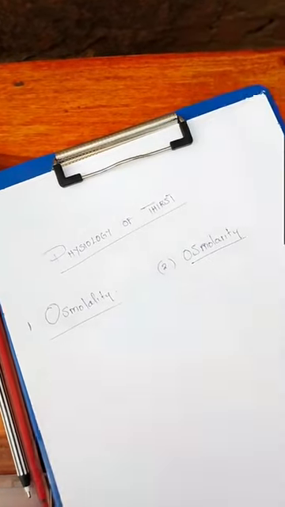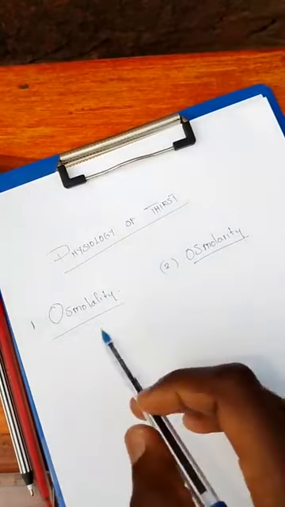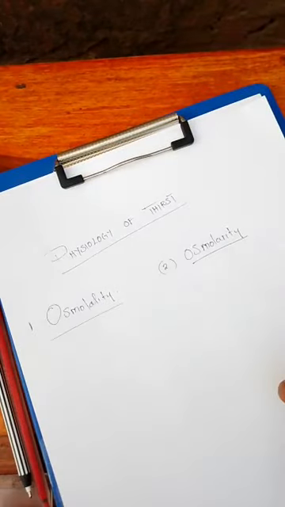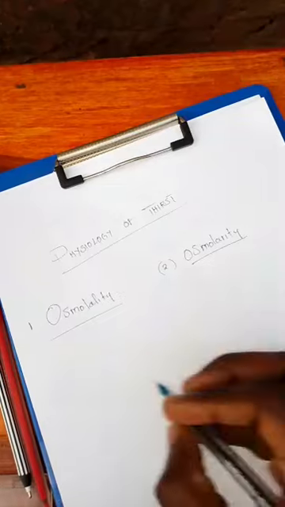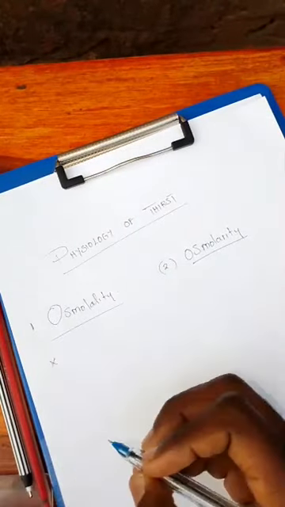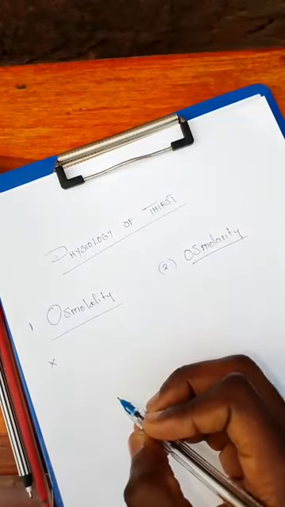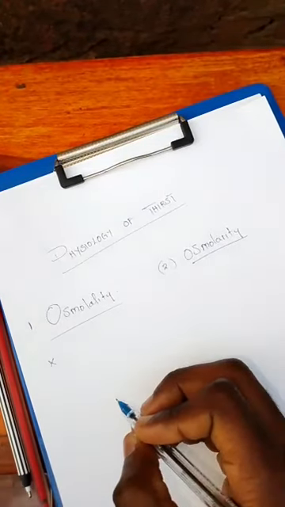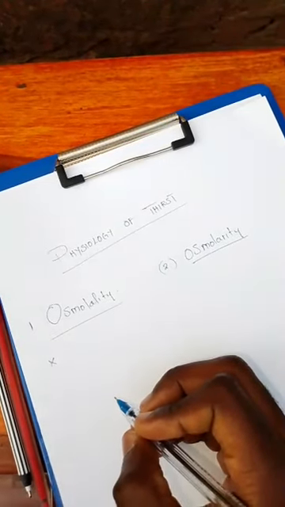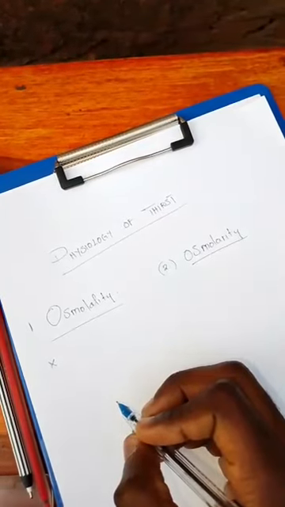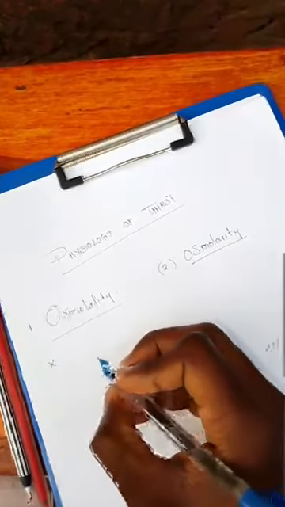When you talk about osmolality, which is this one with an L, this is basically just the concentration of solute particles per kg of a solvent. So you are looking at how concentrated that particular fluid compartment is, how many solutes are in that body fluid compartment, measured per kg.